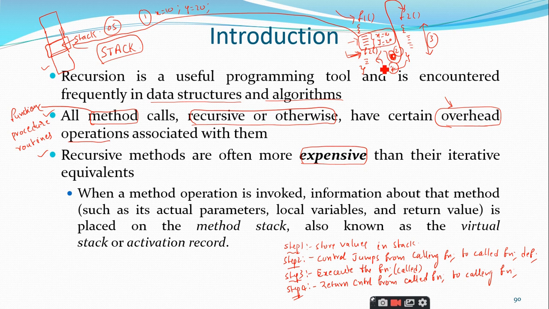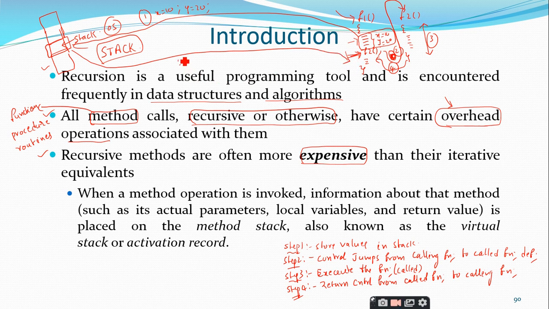Once the control has returned from the called function to the calling function, what does it have to do? It has to retrieve back all the values of this function. The values of x and y that belong to function f1 were stored in the stack. Therefore, the next step is to retrieve back all the values from the stack.